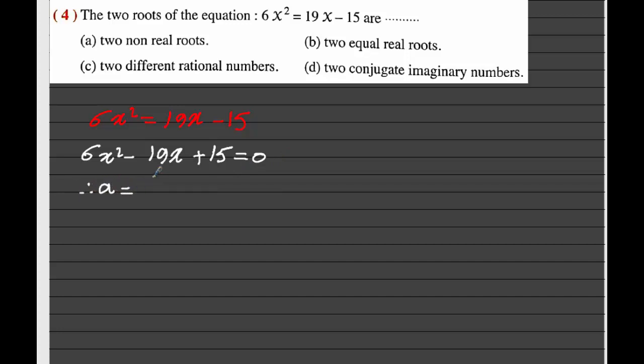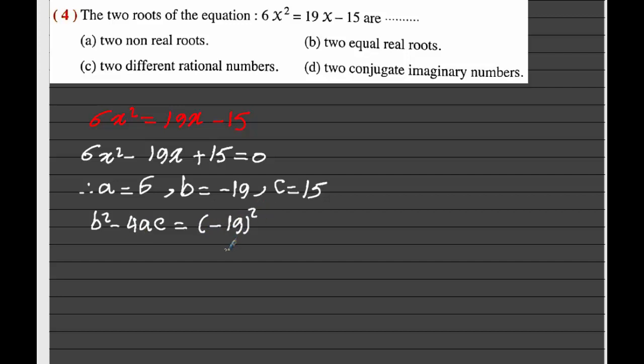A equals 6 and B equals negative 19 and C equals 15. The discriminant B squared minus 4AC equals B squared, it is negative 19 all power 2.